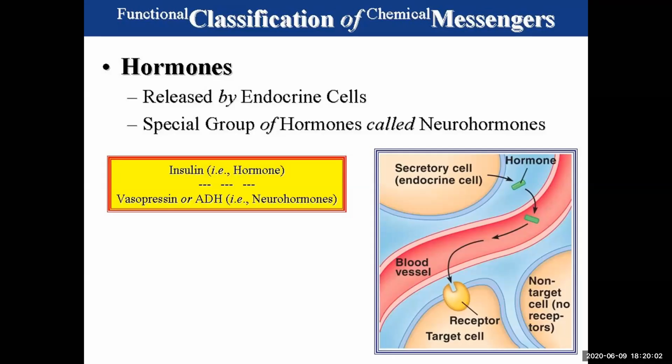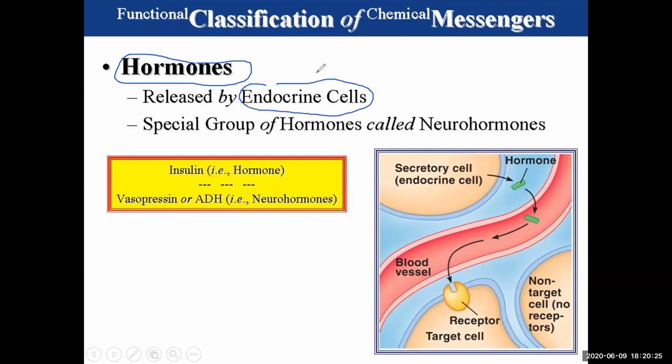Hormones are chemical messengers used by the endocrine system, and hormones are for long distance communication. When we talk about hormones, we're talking about messengers released by cells of the endocrine system that we call endocrine cells.